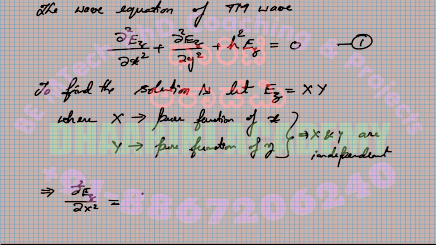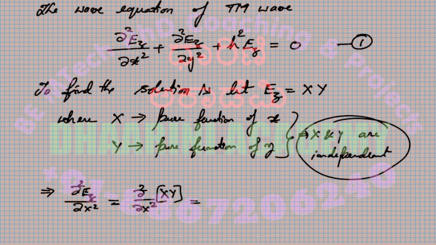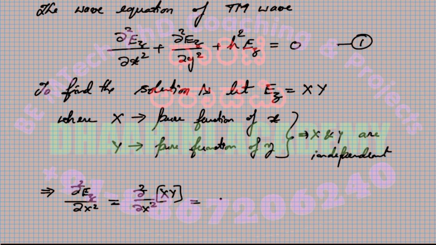Dou square Ez by dou x square means dou square by dou x square of capital X times capital Y. Since they are independent, Y is a constant when you differentiate with respect to x, so Y comes out. It is simply the partial differentiation of capital X with respect to small x.